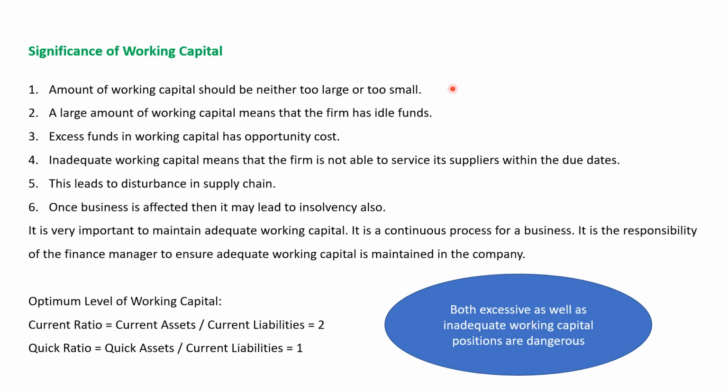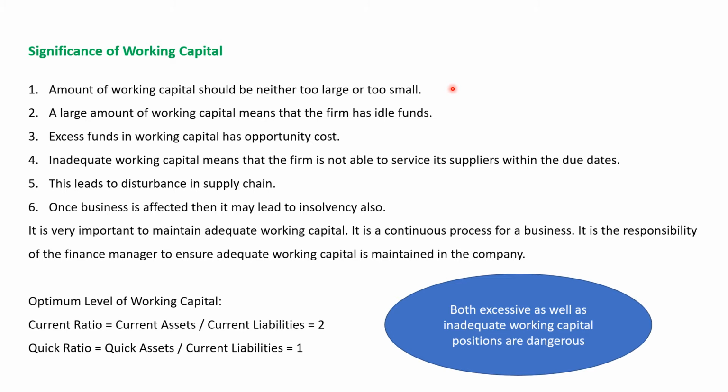And inadequate working capital means that the firm is not able to service its suppliers within the due dates. Suppose I don't have sufficient working capital, then I will not be able to pay my suppliers, and in future they will increase the price or they will not give me any discounts.